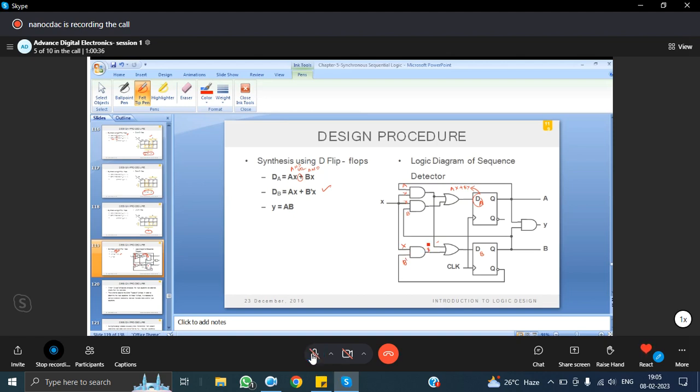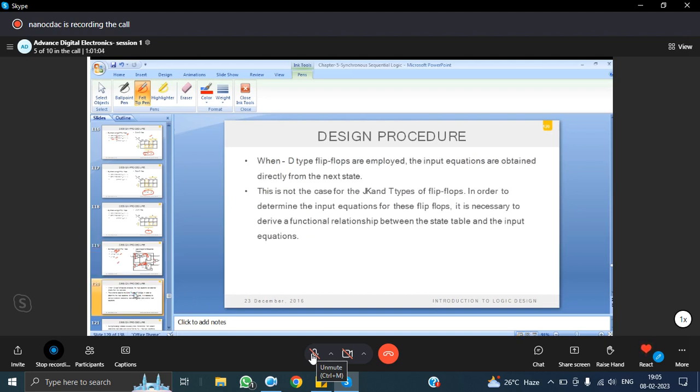Okay, this is B bar X, and this is AX, taken directly. So this is AX plus B bar X, which is nothing but your dB. Okay, and the final output is AB. This way you have to design.